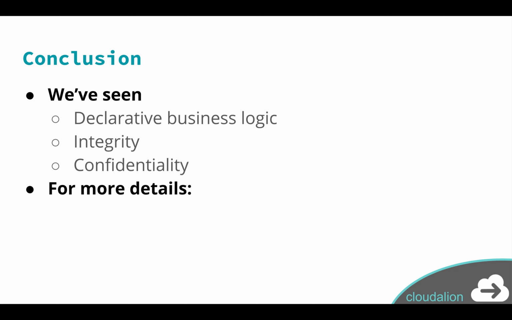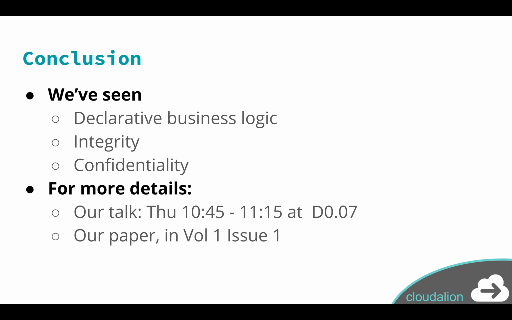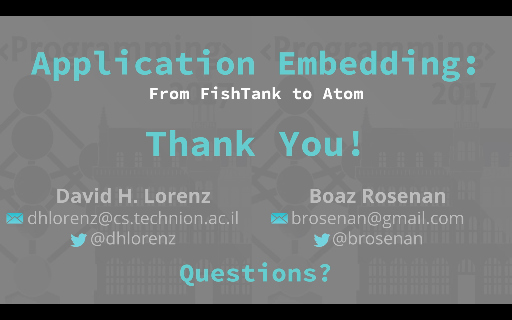If you are looking for more details, you are invited to see our talk tomorrow. Our paper is in the open access journal, and you can also visit our website at cloudalien.org. Thank you very much.